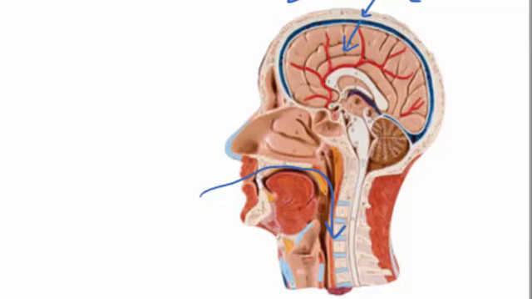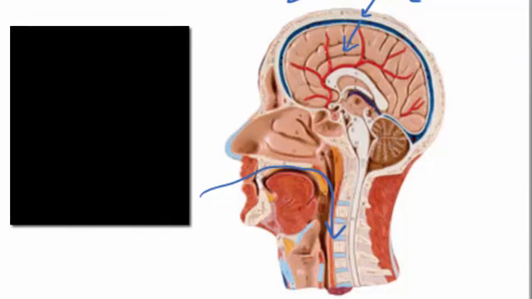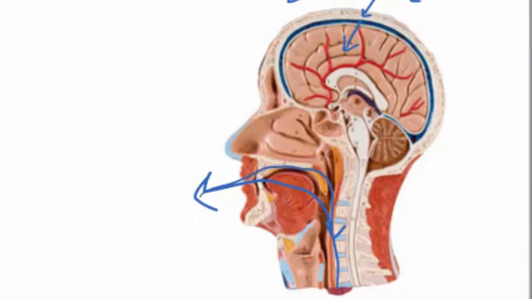And it can pick up the waste, the carbon dioxide, from these cells that are doing cell respiration, sending them back to the heart through the veins, and then the heart is pumping the blood to the lungs through the pulmonary artery, and then the carbon dioxide is coming back out when you exhale.